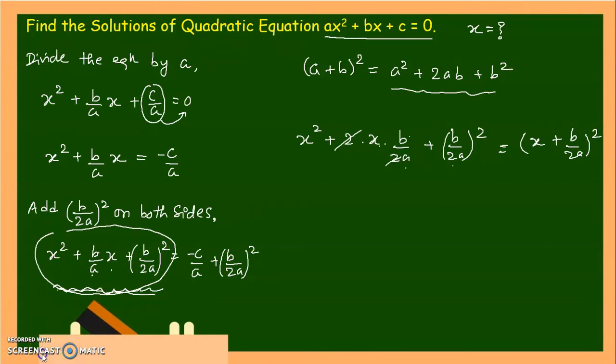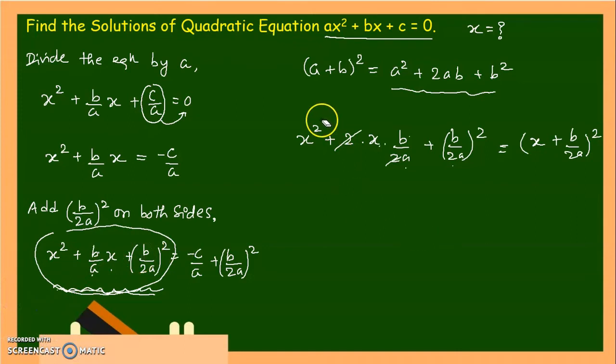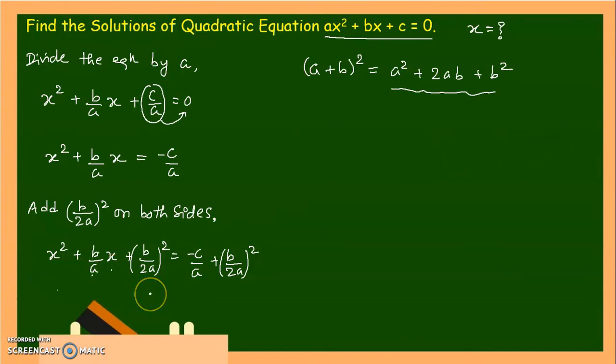So here we can simplify this left hand side as a plus b whole square. So we can write this left hand side as x plus b upon 2a whole square is equal to the right side, which is minus c upon a plus b square upon 4a square.